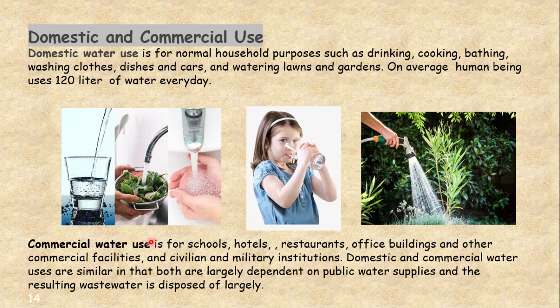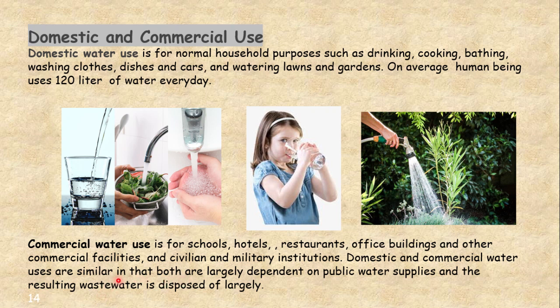The commercial use of water is also the same as that of domestic. Commercial use of water includes the use of water in schools, hotels, restaurants, and educational institutes. These are similar, but both largely depend on the public water supplies, and the resulting water goes where?